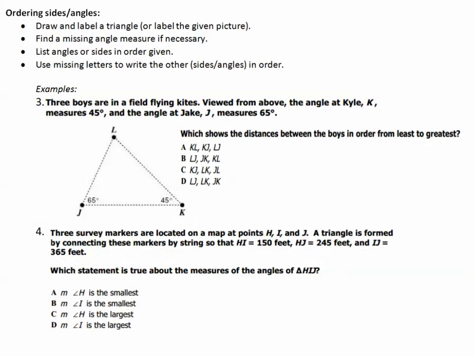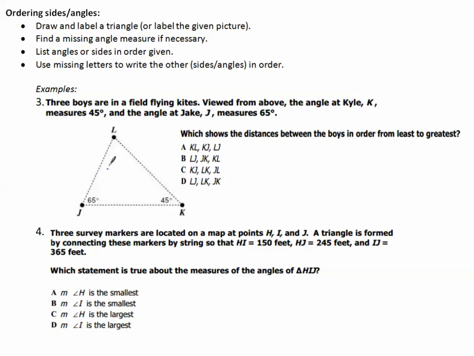Let's get to triangles specifically. First, ordering sides or angles. If you don't have a picture, drawing and labeling a triangle, making a picture, or labeling what's given is very helpful. Then find a missing angle measure if it's necessary. So going through this list for example number 3, we already have a picture, but I don't have all 3 angles, I only have 2.